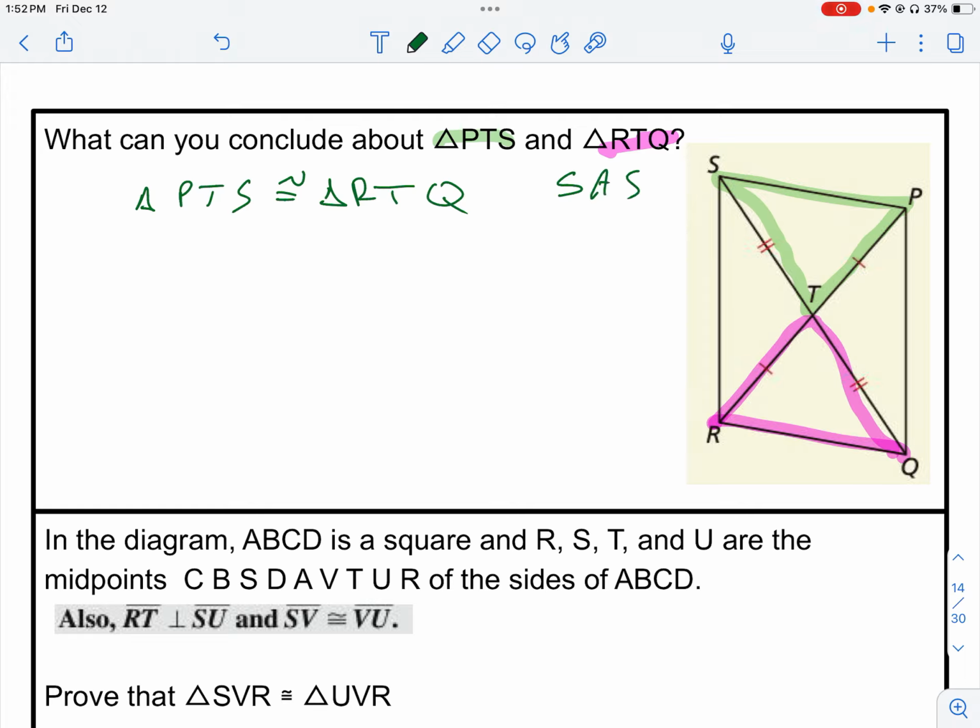Well, how do we know? PT is congruent to RT.